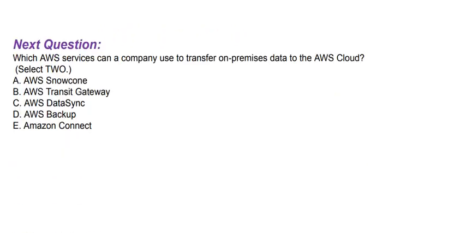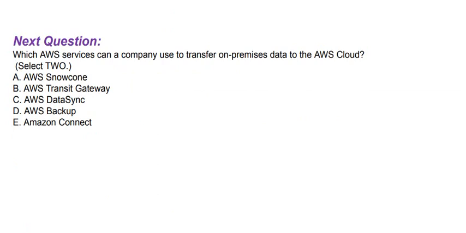Next question is, which AWS services can a company use to transfer on-premises data to the AWS cloud? Select two options. Option A, AWS Snowcone.